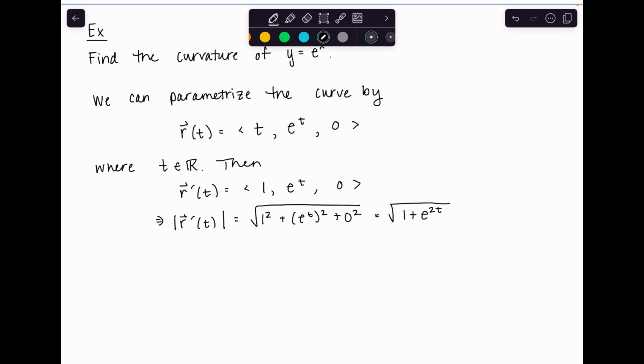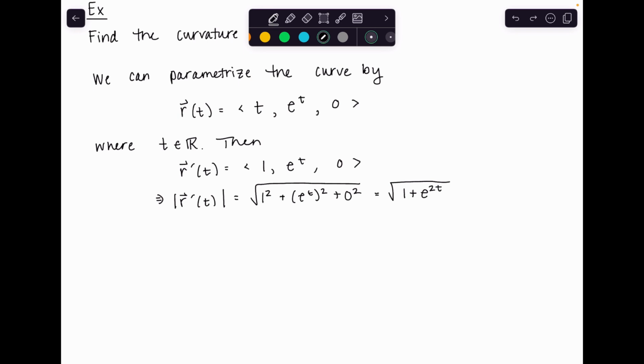So this is a really good observation for me to figure out what formula is going to be better to use. This does not simplify nicely. So if I wanted to use my first formula where I'd have to find t prime, you'd have to find T by taking this and dividing it by this. And that is going to give you awful functions because then I need to differentiate that, okay? So because this did not clean up nicely, that tells me my other version for curvature is going to be better to go through.